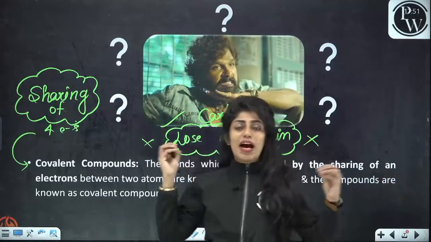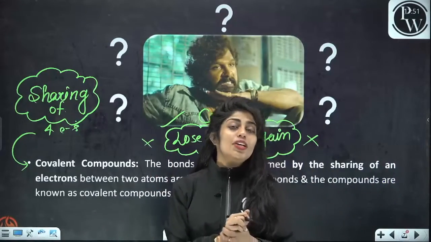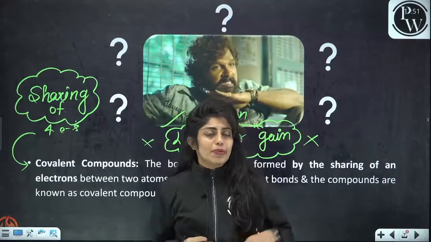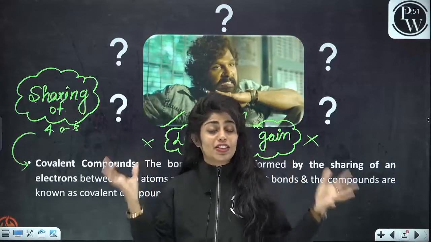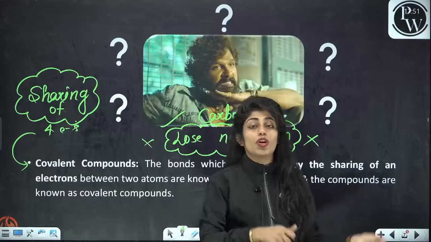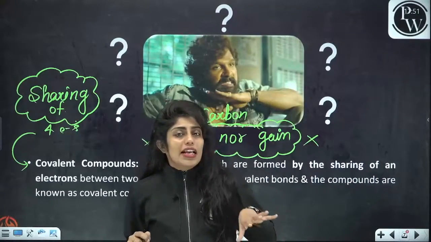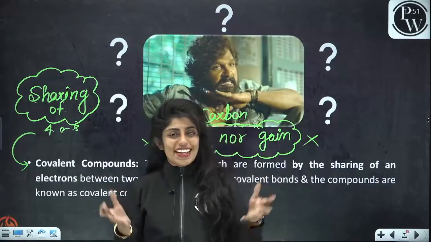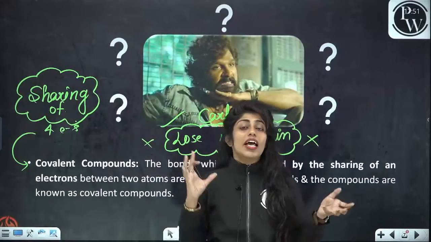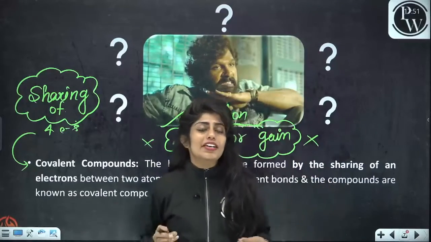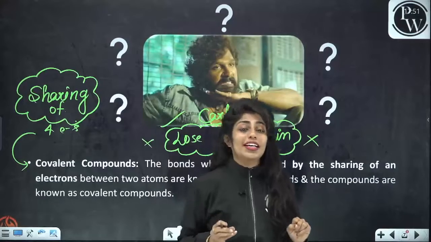In the case of metal and non-metal, we have already understood the concept of ionic bonding, because metals have excess electrons, they can lose electrons, and non-metals are electron-poor species and they can accept electrons, and there is a kind of ionic interaction between them forming the ionic compounds.